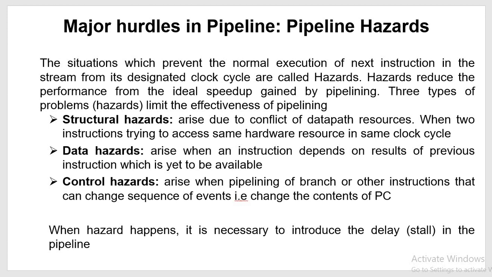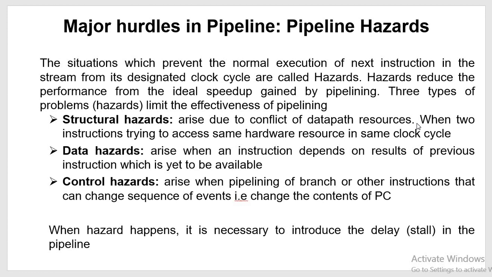What are the hazards, or the major hurdles, within the pipelining? These are the situations which prevent the normal execution of the next instruction. Whatever next instruction we want to execute, these hazards prevent its normal execution.